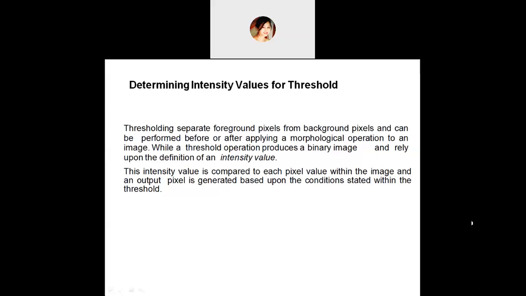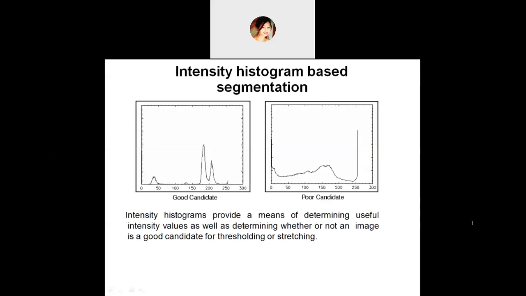That is, thresholding means nothing but an upper threshold limit and a lower threshold limit. Limits will be given, and accordingly you can identify the quality or the property of the image. So when you determine the intensity value for a threshold, you have to remember what a morphological operation is, what a foreground pixel is, what a background pixel is, and a binary image too, which you already know.